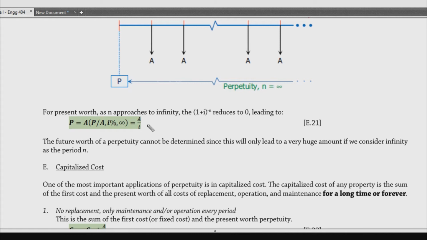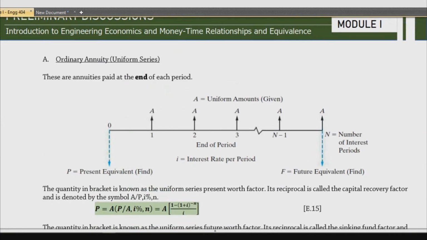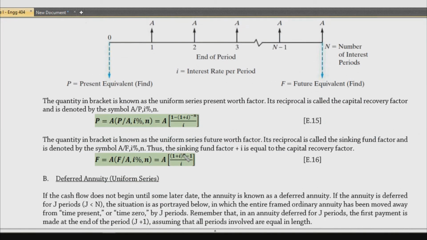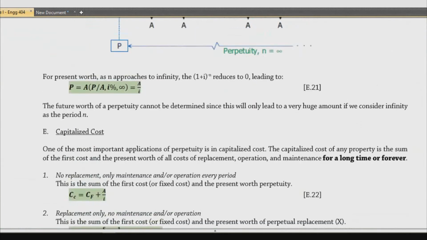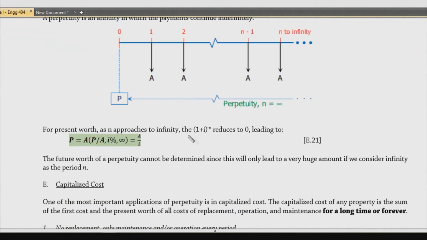So ano yung future worth niya? So basically, infinite yon kasi hindi natin siya ma-determine talaga eh. And even if you try to use your equation here, ito, and then you try to substitute or take the limit of n as it approaches infinity, then this becomes infinite as well. So that makes sense na ang ating present worth is infinite or at infinity.